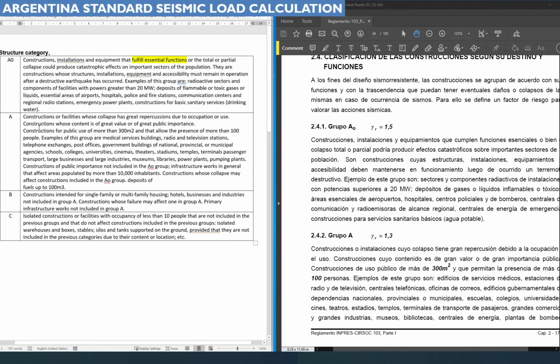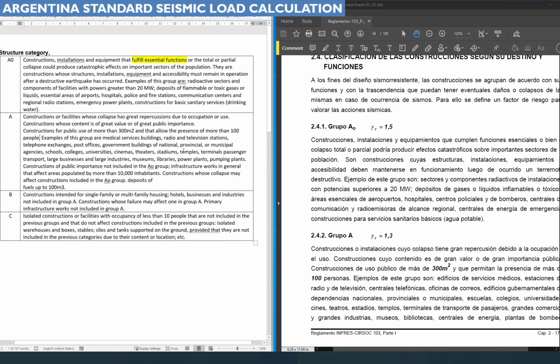The next category is A: constructions or facilities whose collapse has great repercussion due to occupation or use, constructions whose content is of great value or of great public importance, constructions of public use of more than 300 square meters that allow the presence of more than 100 people.